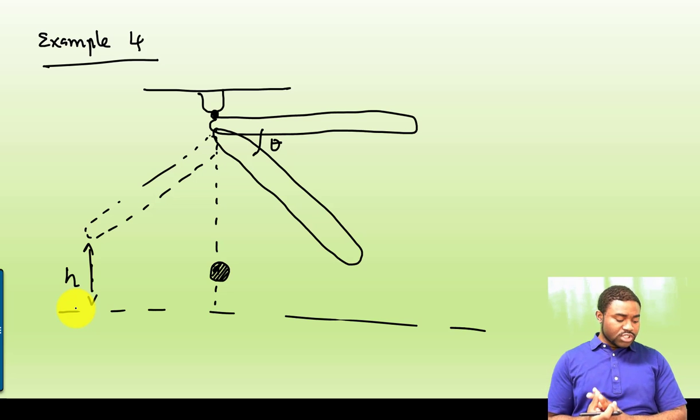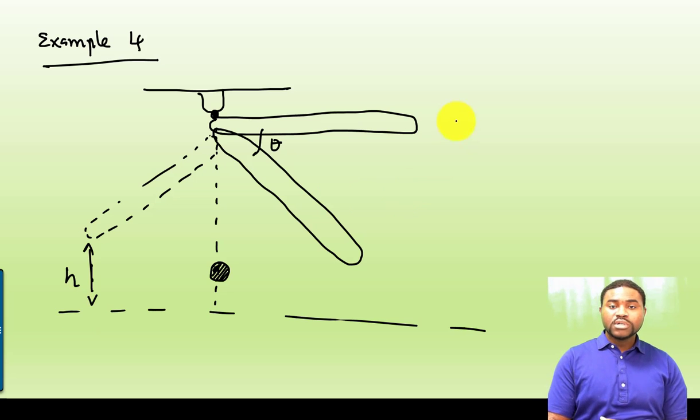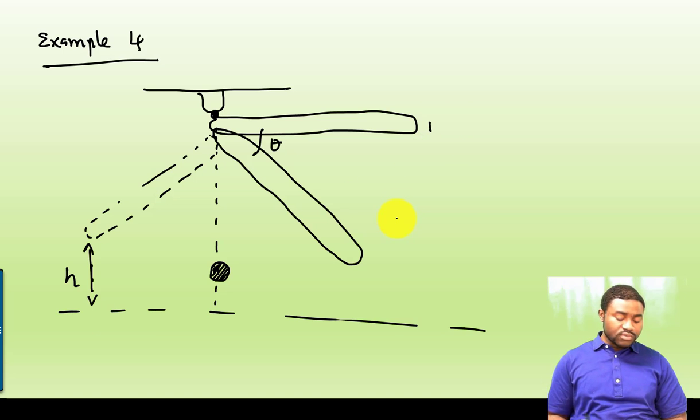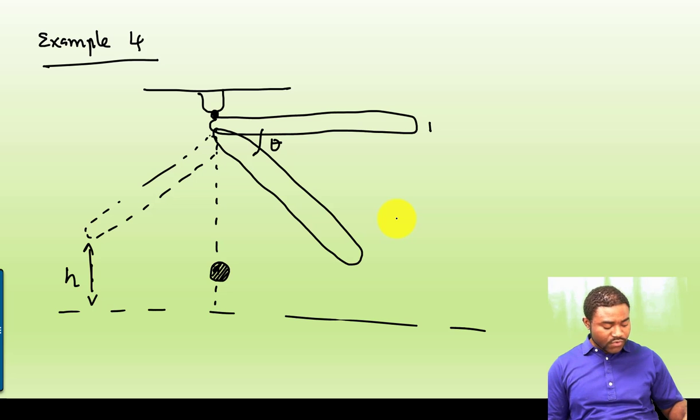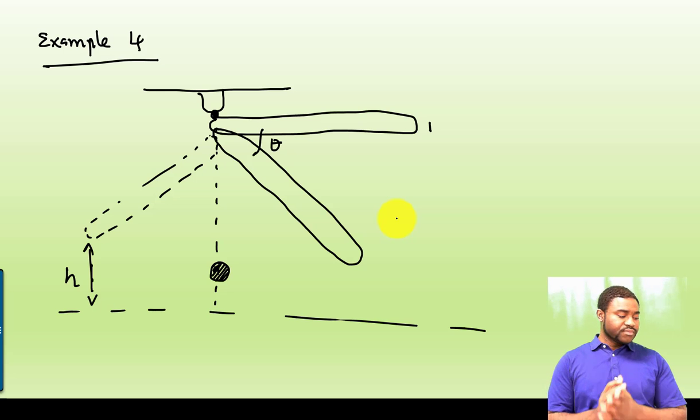So the rod, which is uniform, is initially released from rest in a horizontal position, let's call this position 1, such that the rod falls freely under the action of gravitation, or the force of gravity of the earth. Now we need to calculate, as a function of theta, the angular acceleration of the object.